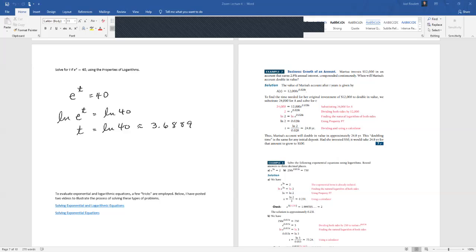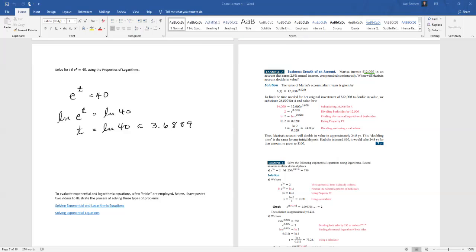On the next page, we have an example involving growth of an account. And it says Marissa invests $12,000 in an account that earns 2.8% annual interest compounded continuously. When will Marissa's account double in value? So this is the formula here for the value of an account at any given time.